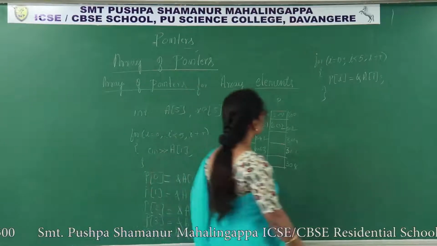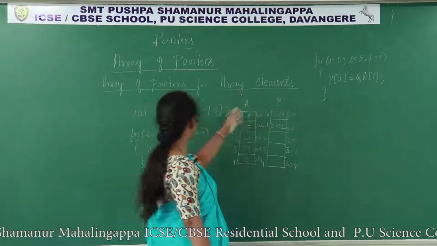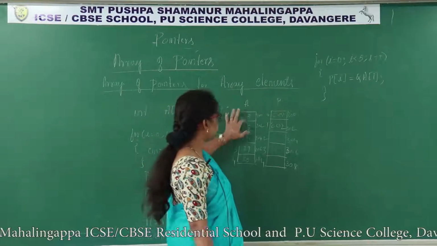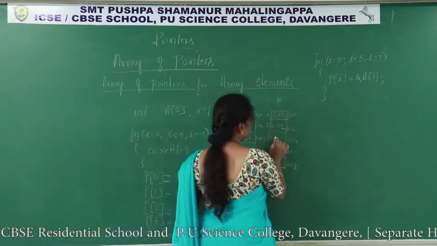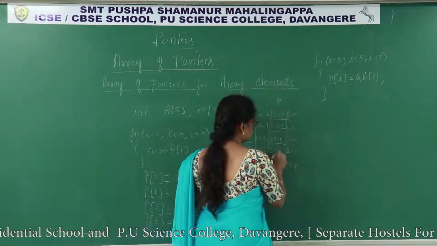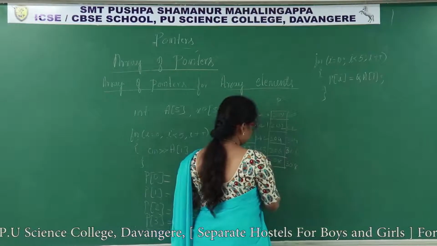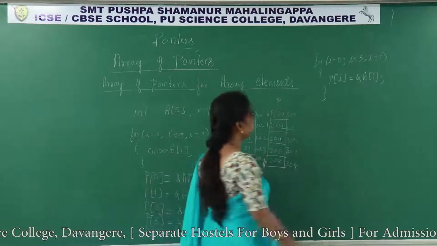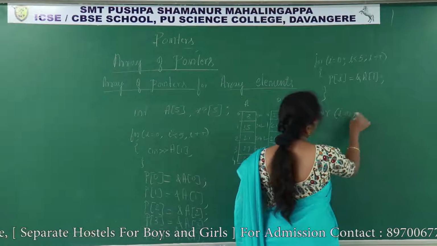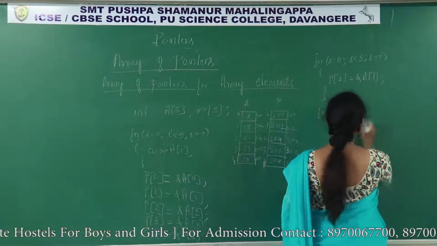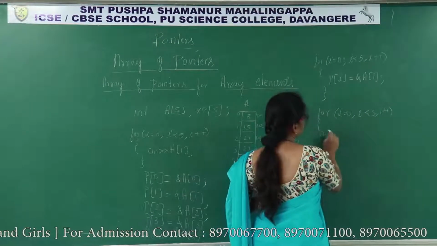Now I have to read elements for this array. Sorry, I already read them. Now I want to display the contents of this array using this pointer. Again a for loop: for I is equal to 0, one by one I want to display, I less than 5, I plus plus, cout insertion.